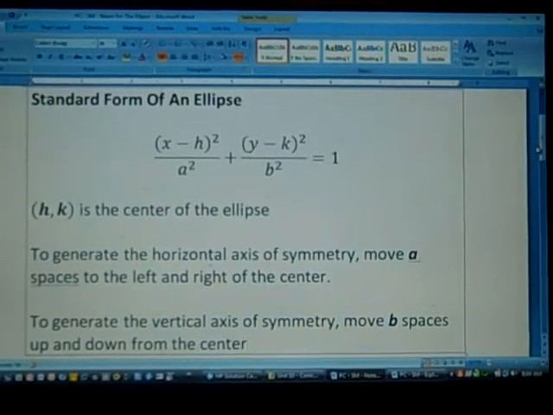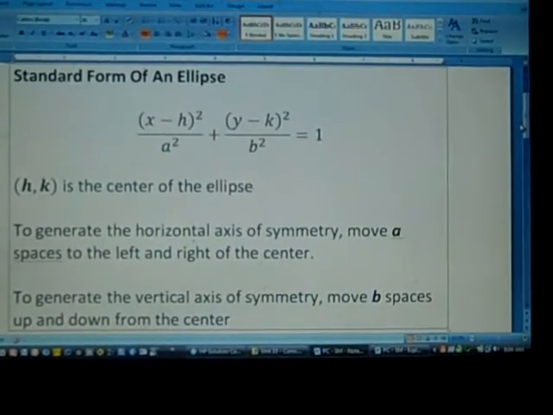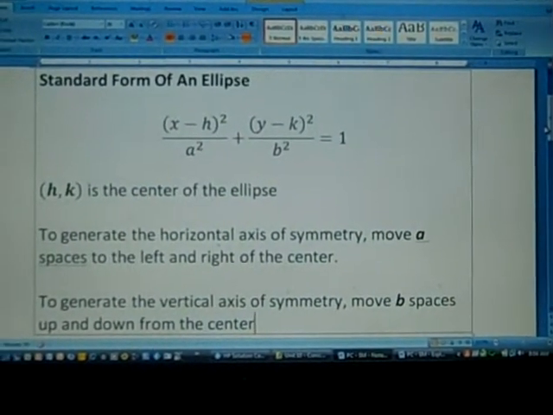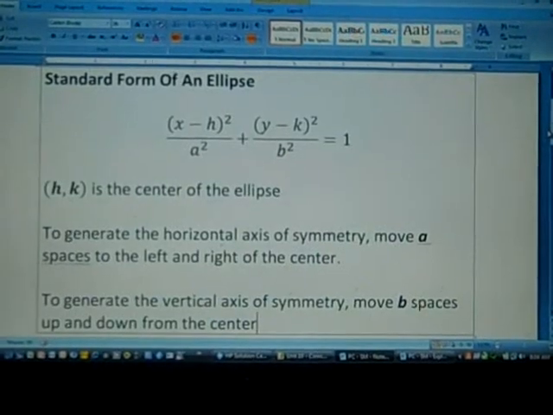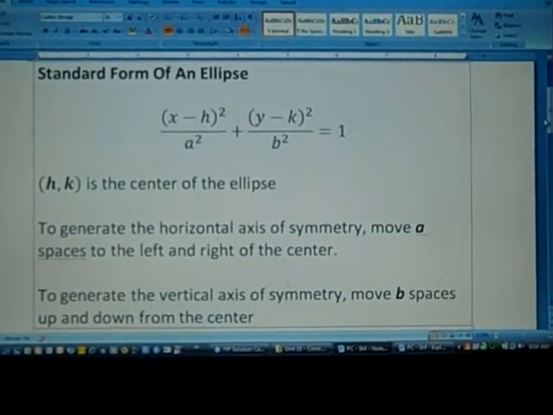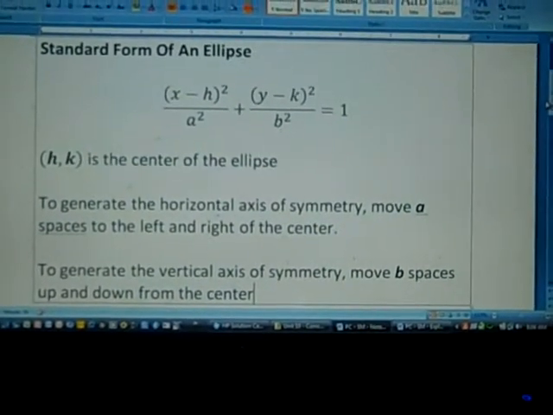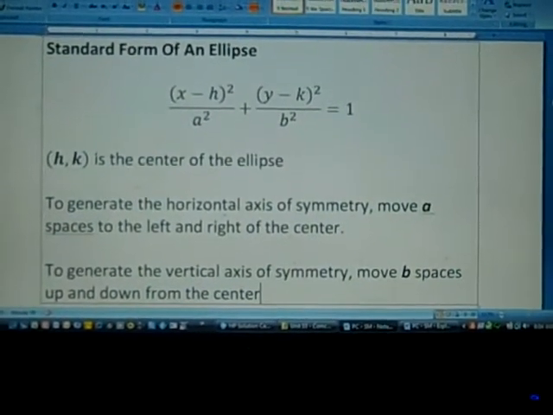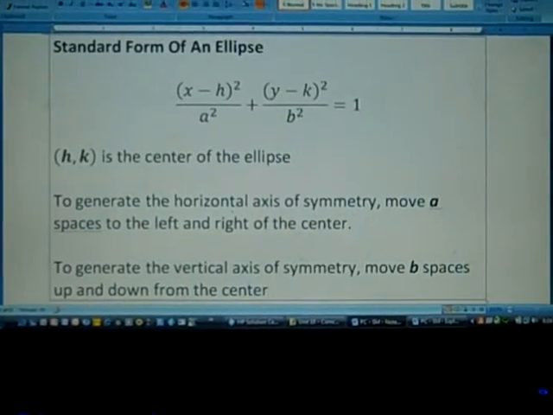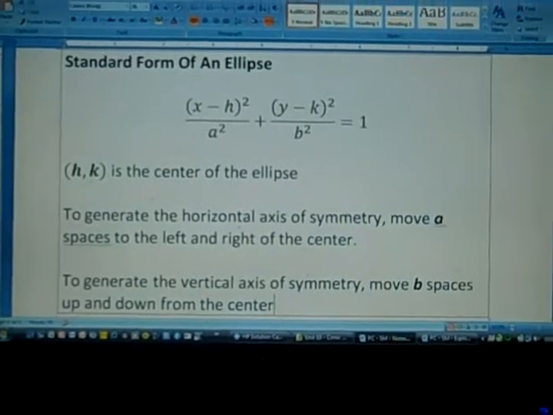The a, so that's not the a squared, but just the a, so we're going to have to take a square root, we're going to generate the horizontal axis of symmetry by moving left and right a spaces from the center. To generate the vertical axis of symmetry, we're going to move b spaces, again taking a square root of the denominator here, up and down from the center. So I'm going to take all of that and actually graph my ellipse.